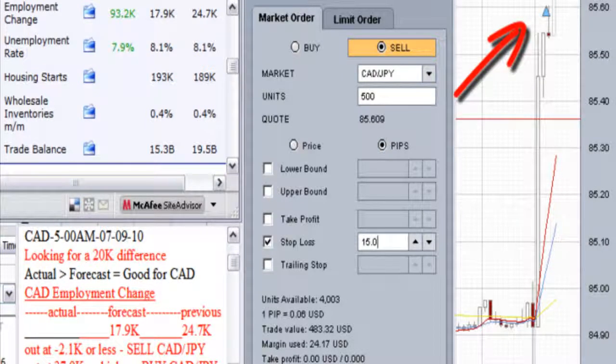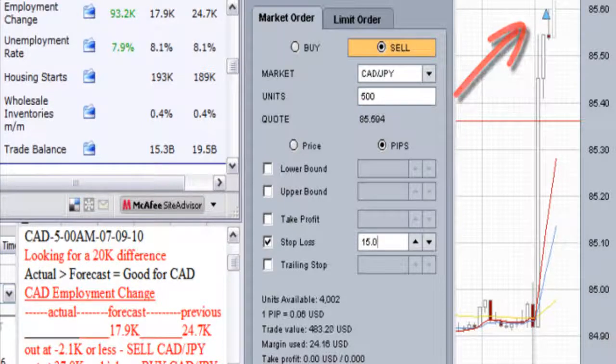Finally, the market moved to a position where the trade indicator can be seen.